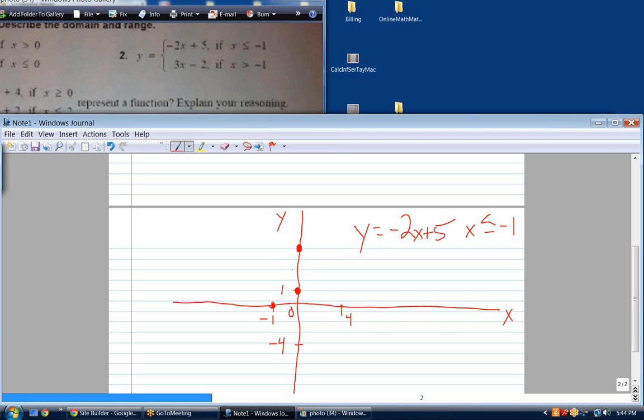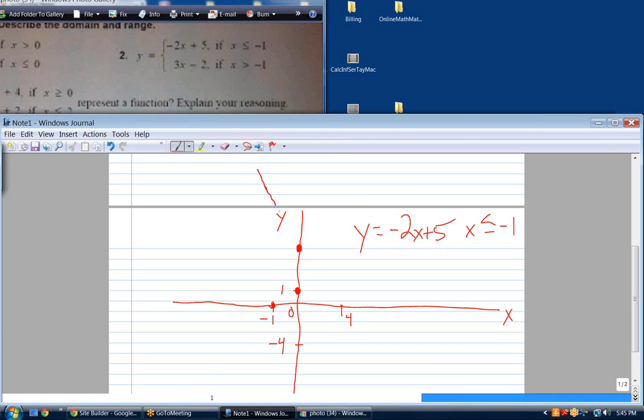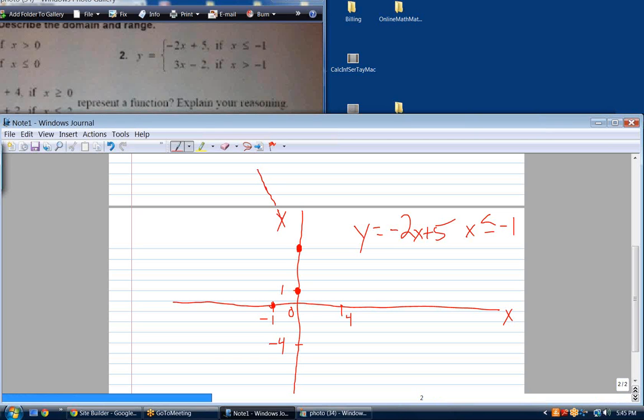And what's the slope? -2. Okay, good. So normally I would draw that kind of like this. It would be steep. That's a slope of -2. And normally I would come all the way to there to graph that equation.